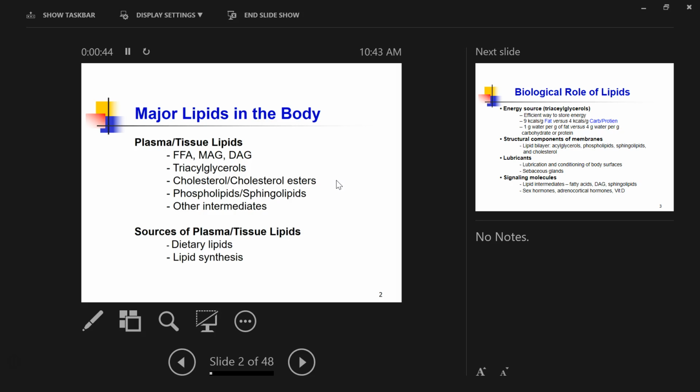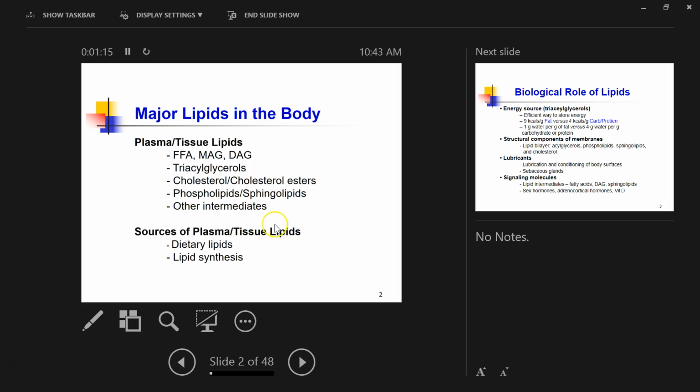The plasma and tissue lipids include the fatty acids, monoacylglycerol, diacylglycerol and triglycerol, right? And also we have cholesterol esters, phospholipids, and sphingolipids, and other intermediates of lipid metabolism.